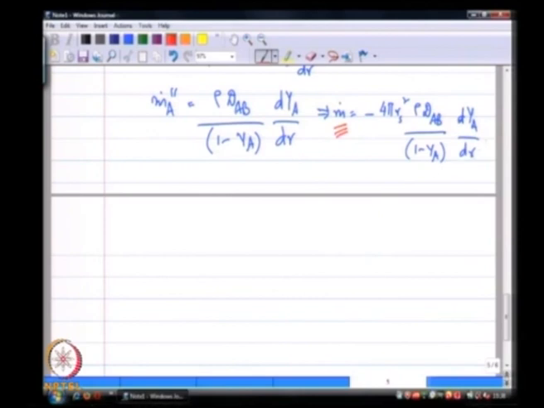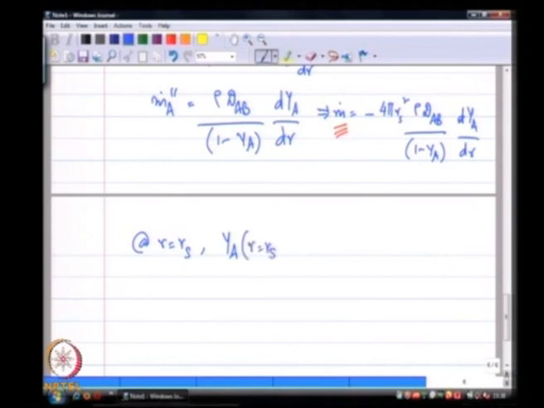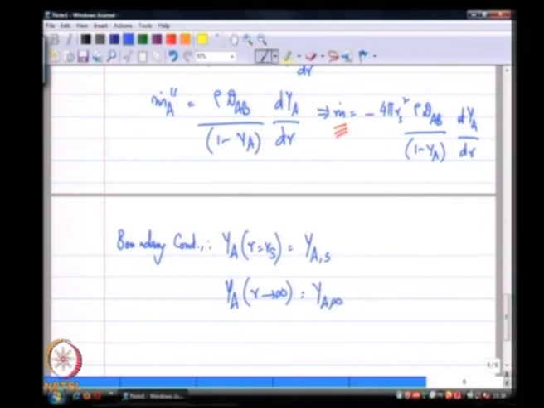Okay. So, let us make sure we understand the boundary conditions. At r equals r s, y a is the saturation mass fraction. Notice how this is one dimensional.